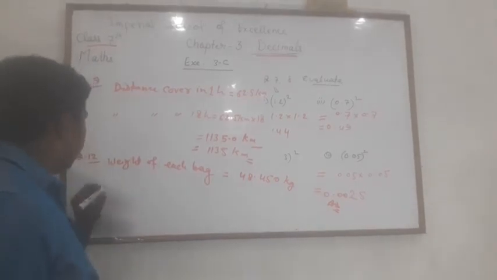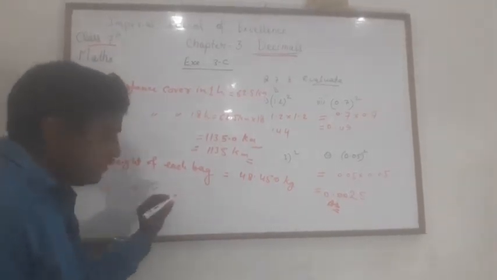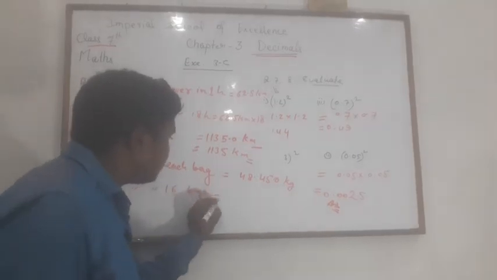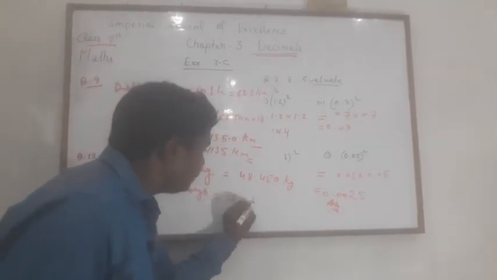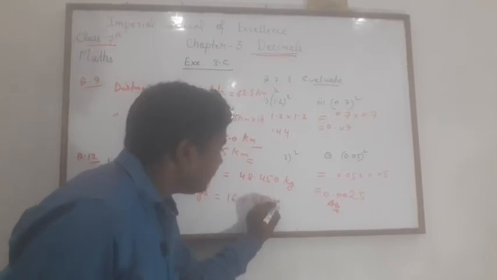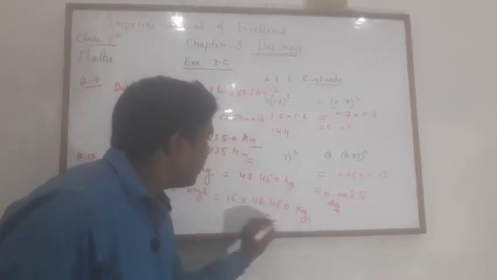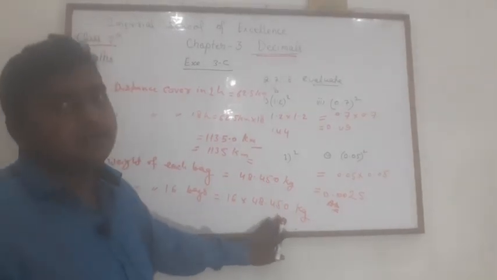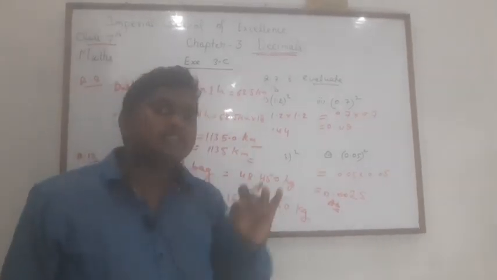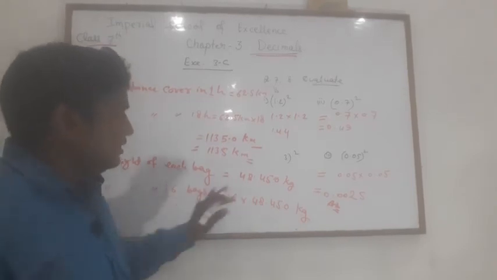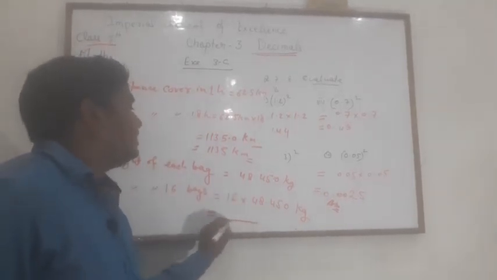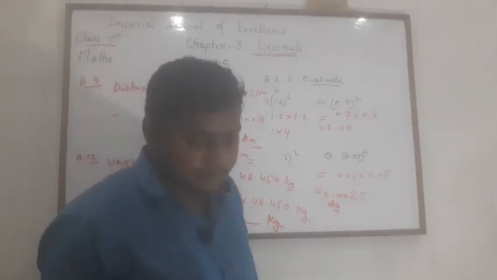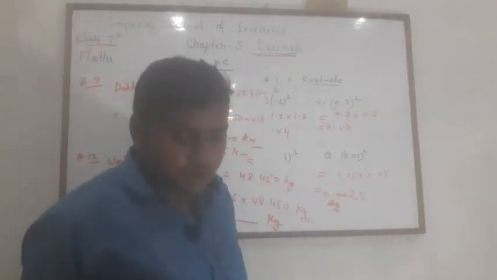Now weight of 16 bags is equal to 16 into 48.450 kg. So you have to just multiply. Again you have to read the table of 16. So dear student, kindly learn this table of 16 and multiply and write the answer in kg. Okay. So hope you can do all these questions. So rest all questions you can do.